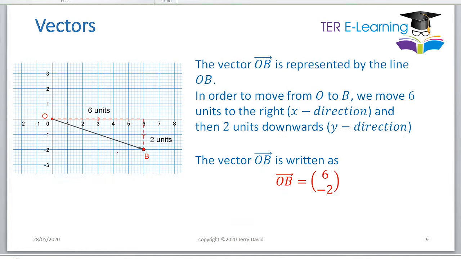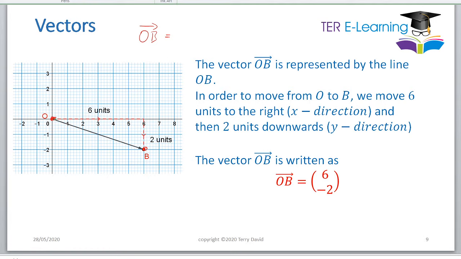So in this case, we have the vector OB. This is my starting point, and I want you to understand it in terms of starting point and ending point. So this is O, and this is the point B. I know the answer is right there because I have the slide up, but let's understand what's going on. To go from O to B, I must move in the x direction first.